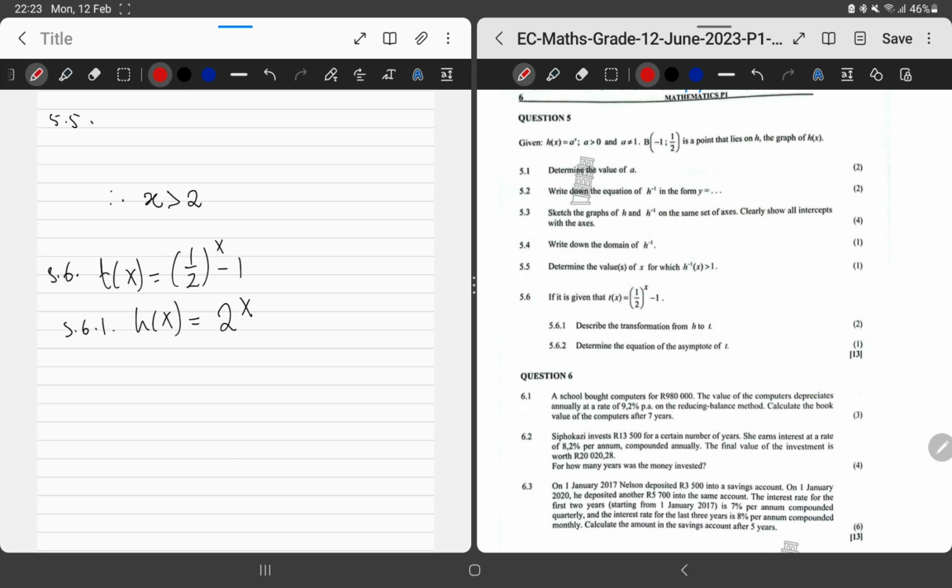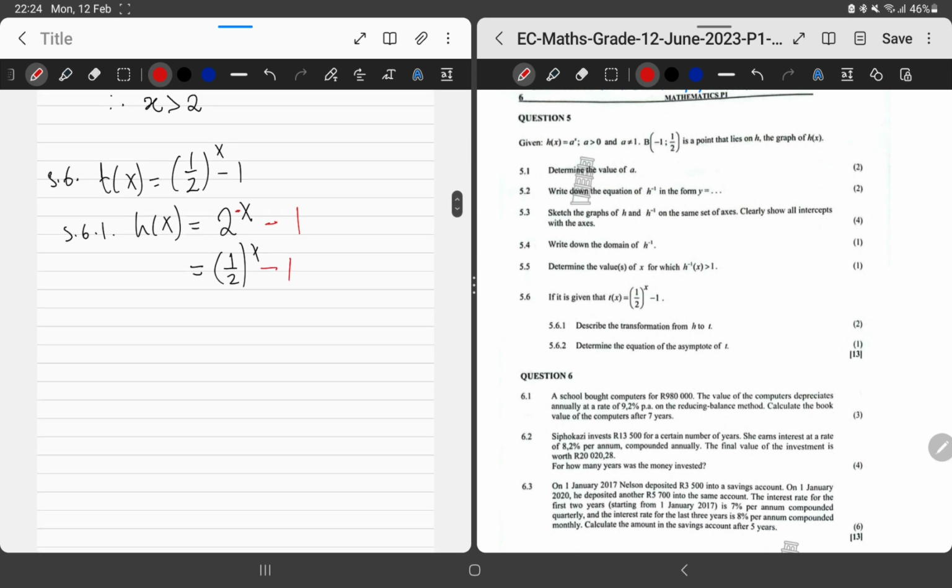That can only happen if I reflect the graph along the y-axis. So if I reflect the graph along the y-axis, I'm going to have a negative there. So this is going to be 1 over 2 to the exponent of x. And then the minus, I just have to shift the graph 1 unit down.